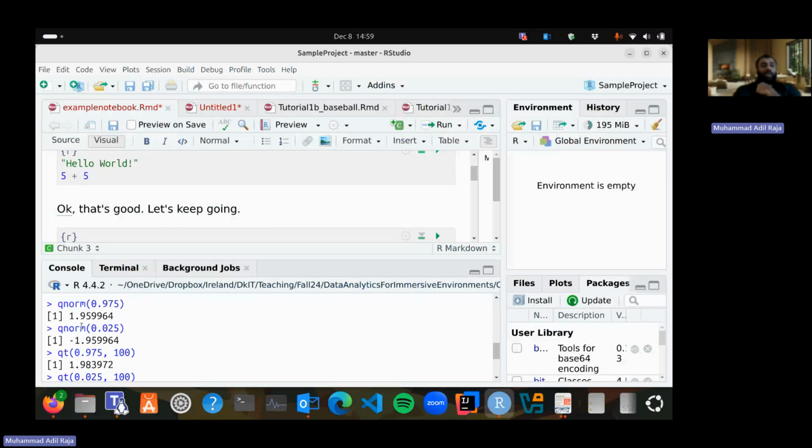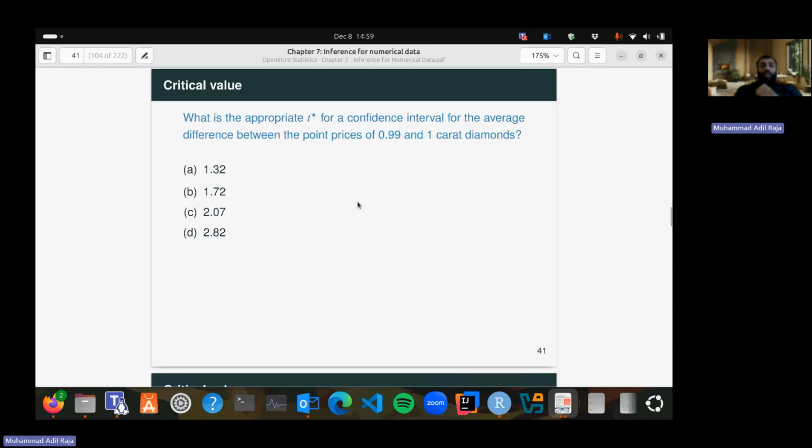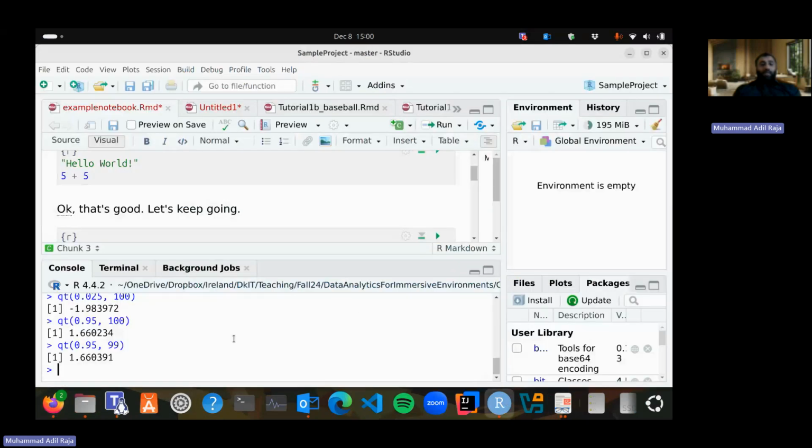And if we are using Z star, then we can compute it using qnorm. By the way, QT and qnorm don't correspond to the Z score or T score directly, but basically they tell us about the Z as well as the T scores.